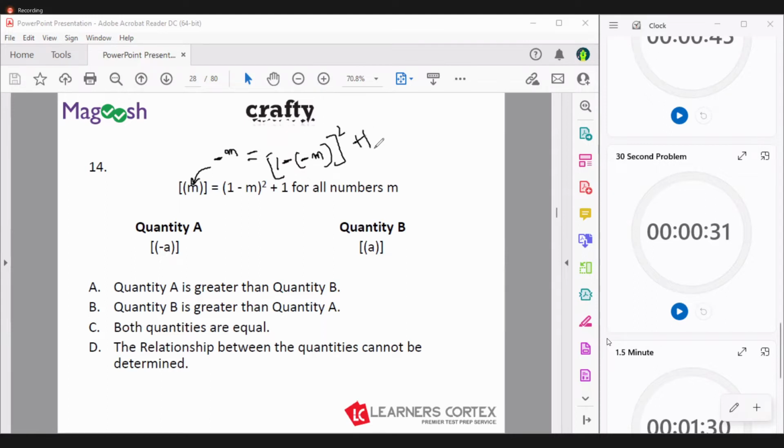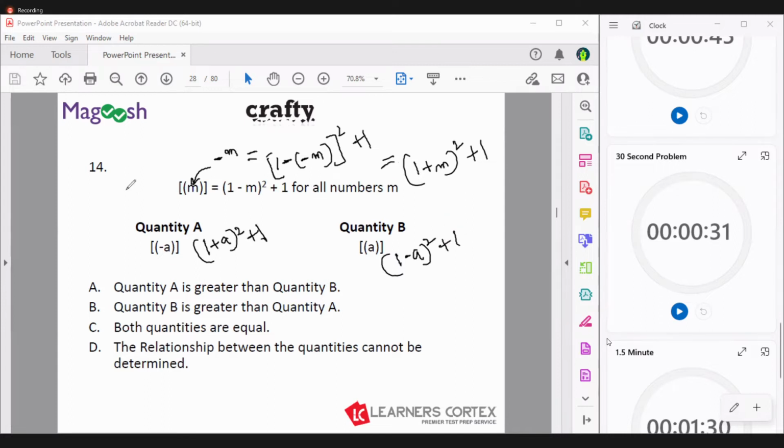So this will become 1 plus m whole squared plus 1. Similarly, if you replace m with a, if it is negative a, it will be 1 plus a whole square plus 1. And if it is positive a, it will become 1 minus a whole square plus 1. Does that make sense till now?